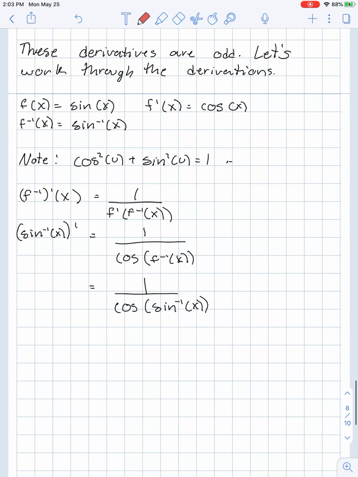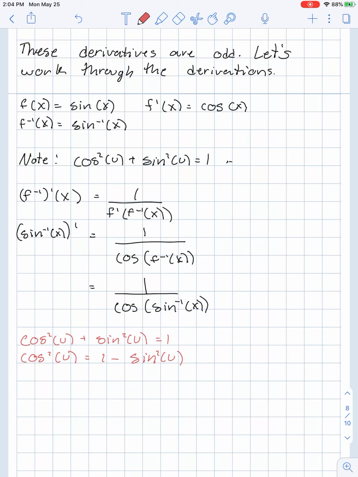I have just a cosine here, cosine to the first power. So let me try to get this all equal to just cosine to some first power, not squared. So I'm going to subtract sine squared from both sides. So we have 1 minus sine squared of u.